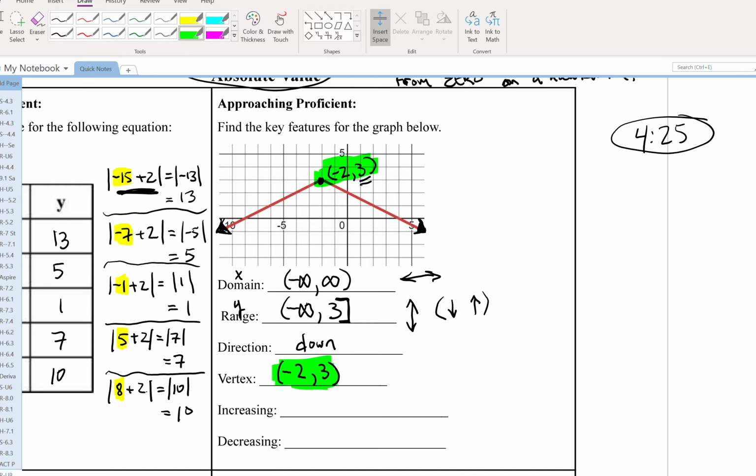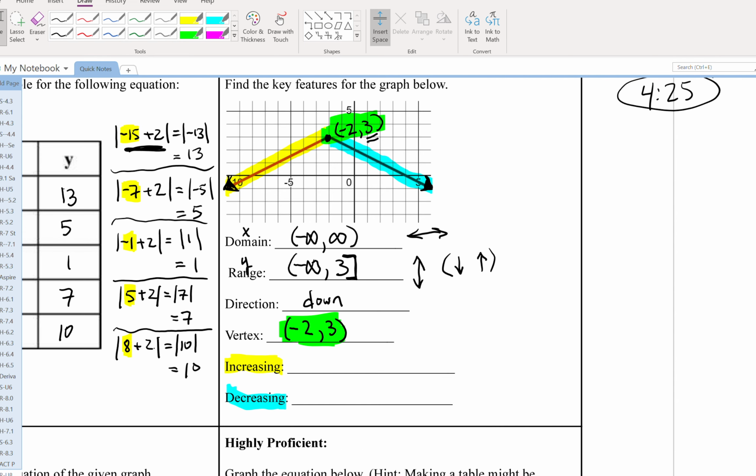Okay, increasing. Increasing means it's going up as you move from the left to the right, and decreasing means it's going down as you move to the right. But you're using x values to describe where that happens. So this value here of x is -2.